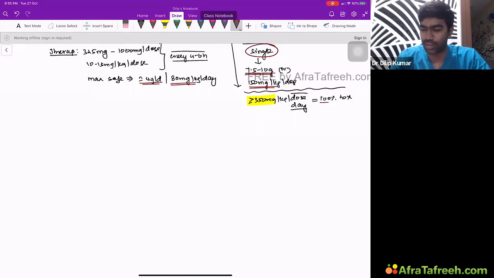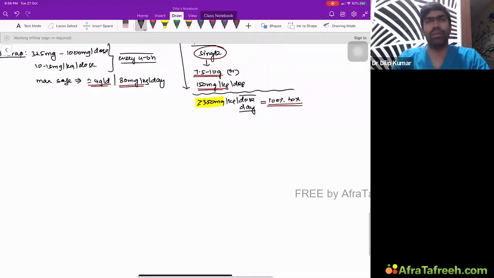There's no escape from this. Irrespective of the ethnic groups, the strength of the liver, the hepatoprotectants you're taking, or the scenario, if it is more than 350 milligram per kilogram per day, that's the number beyond which there will be 100% toxicity, definite toxicity.